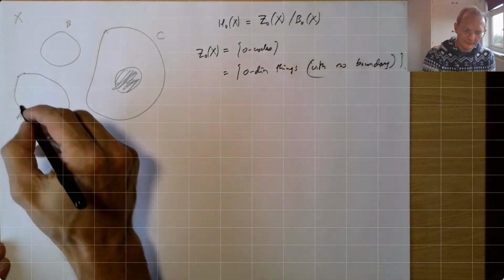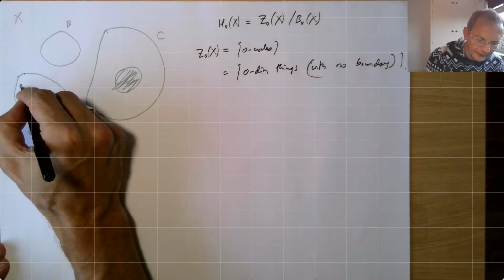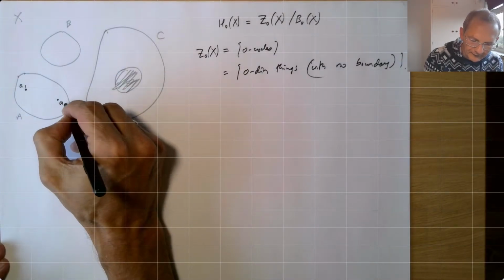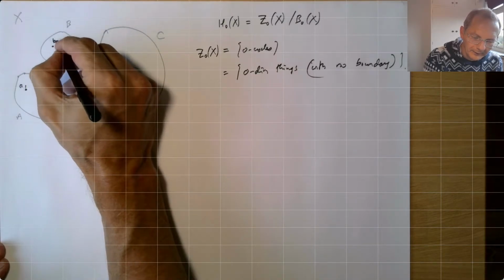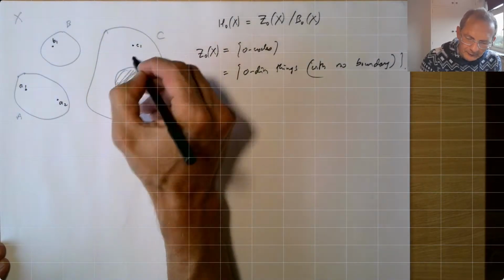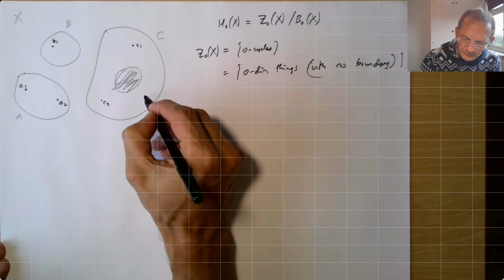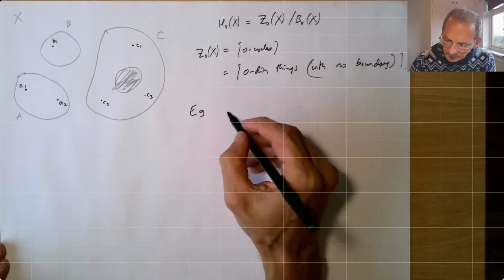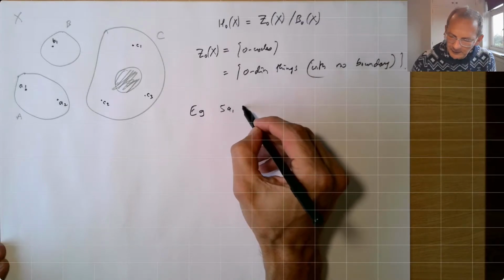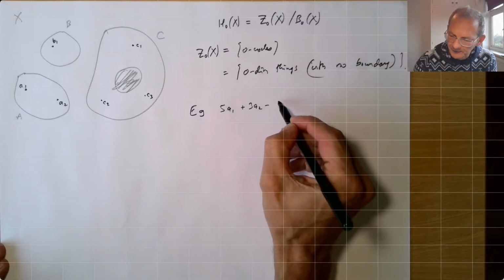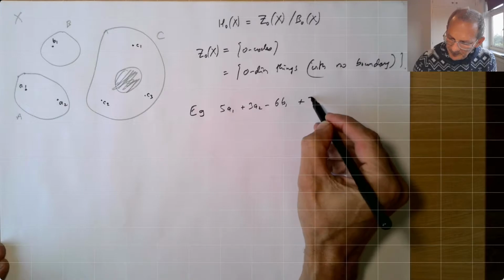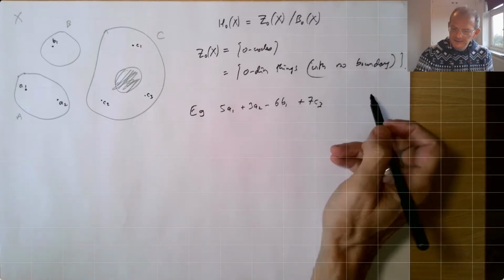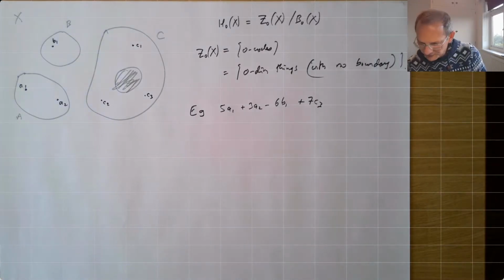Okay, so as an example, we can have this point A1 here, point A2, point B1, C1, C2, C3. So we could consider like 5A1 plus 3A2 minus 6B1 plus 7C3. Okay, so that counts as a zero-dimensional thing.